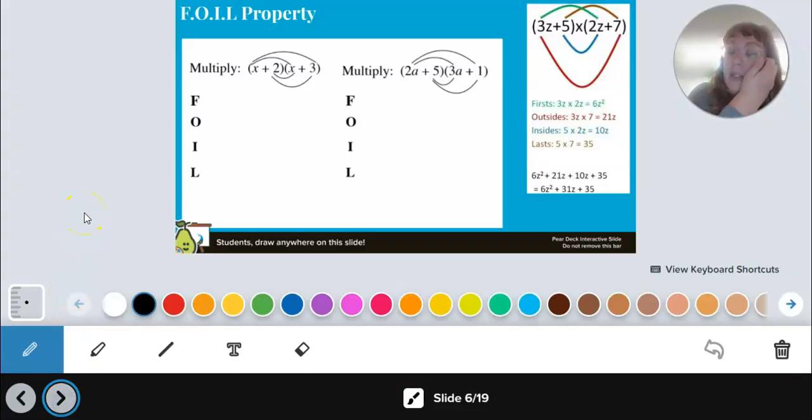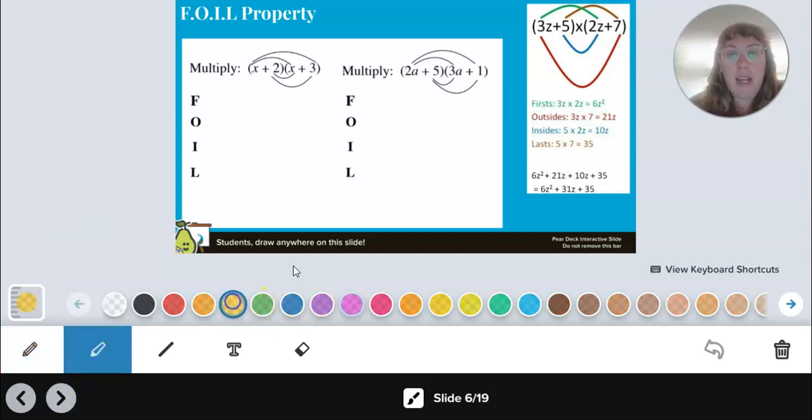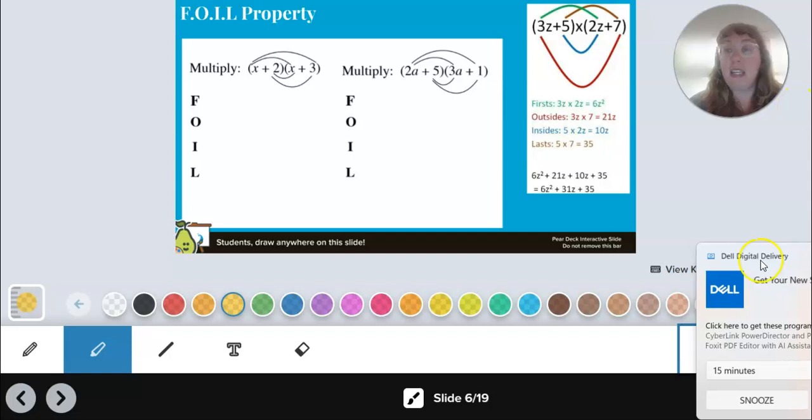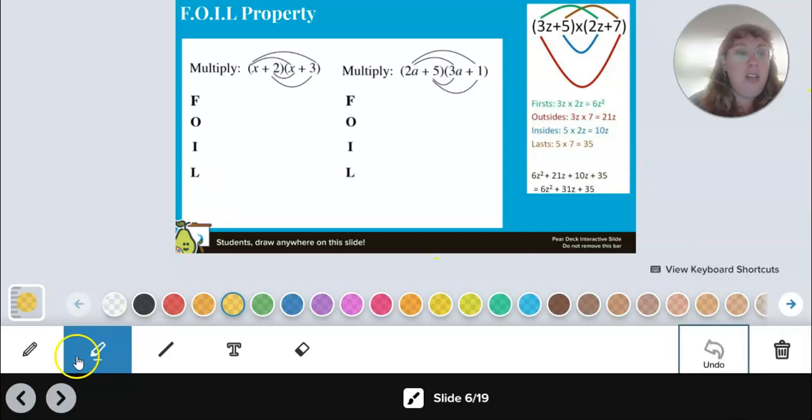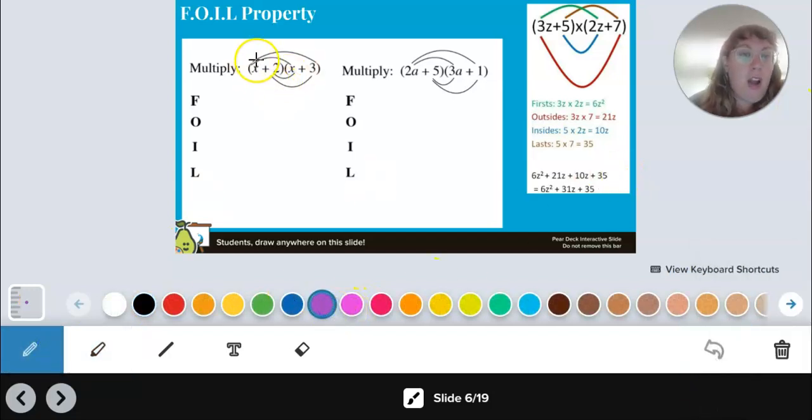Okay. So we got a little preview about the FOIL property, which over on the right we can see is first, outside, inside, last. That again guarantees that everything is being multiplied. So for this one, our first two terms are x times x, which gets us x squared.